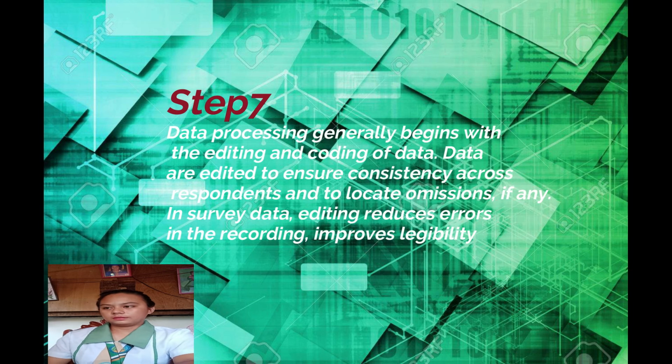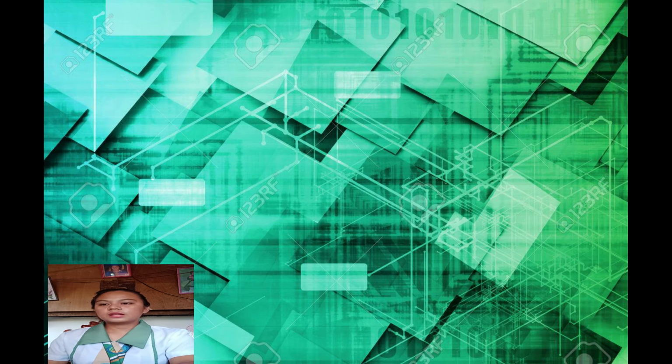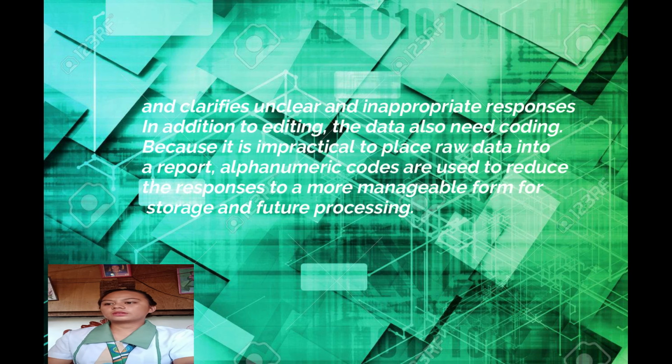Step 7. Data processing generally begins with the editing and coding of data. Data are edited to ensure consistency across respondents and to locate omissions, if any. In survey data, editing reduces errors in the recording, improves legibility, and clarifies unclear and inappropriate responses.